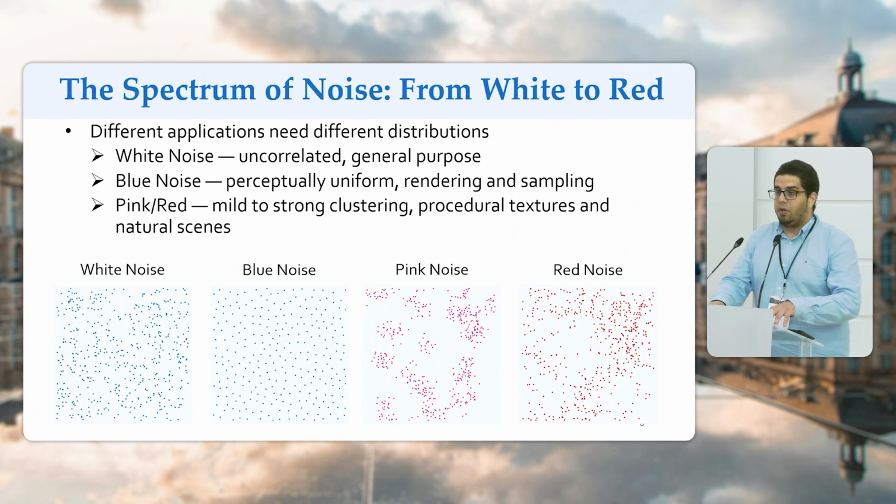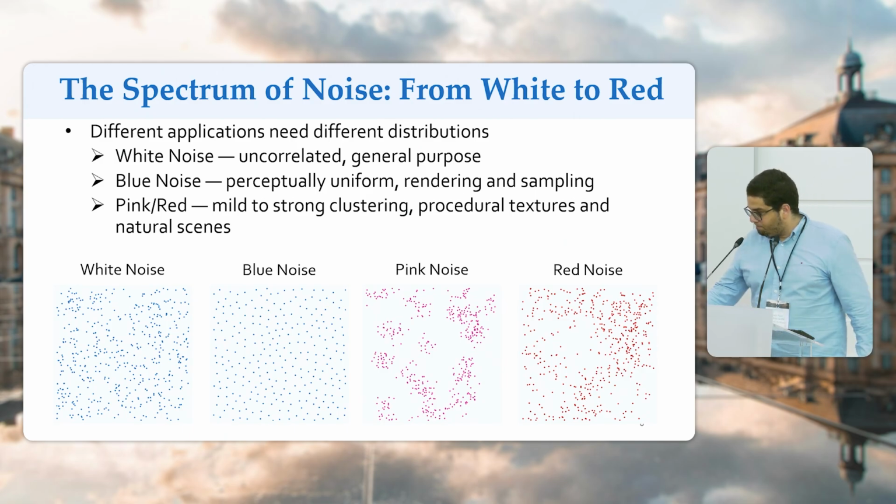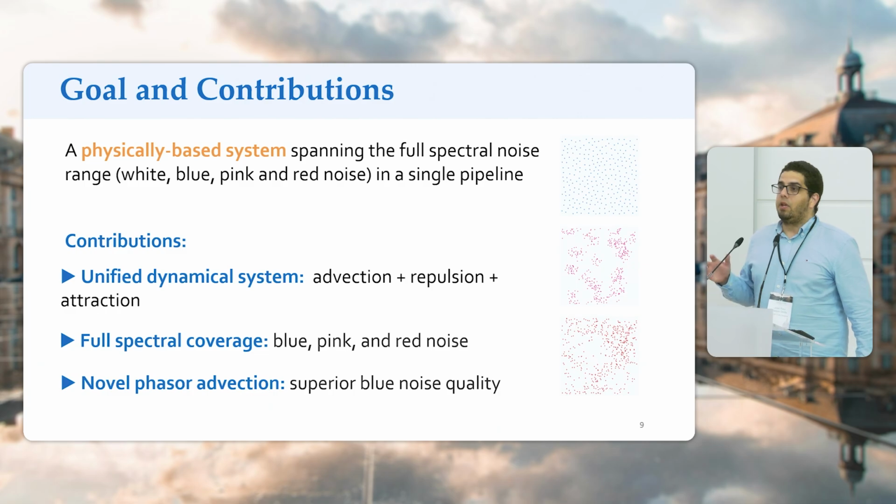And it's usually used for procedural textures and natural scenes. So the question that we raise with this work is if there is a way to use a physically based system to generate the full spectrum of these color noises, and the idea is to do it with a single algorithm.